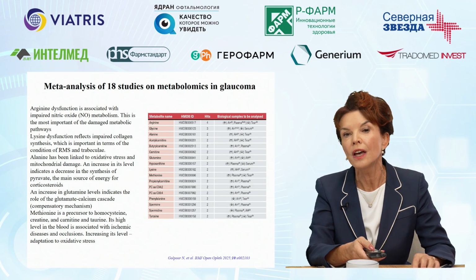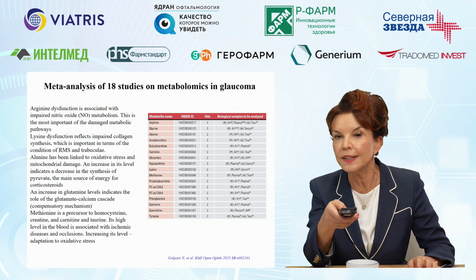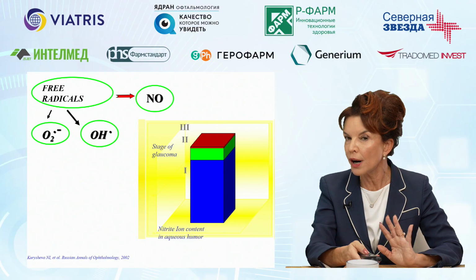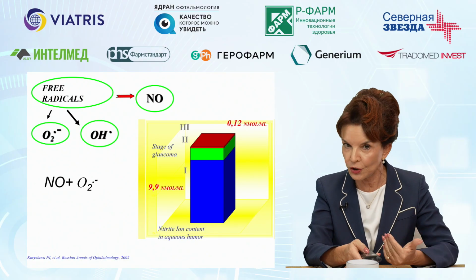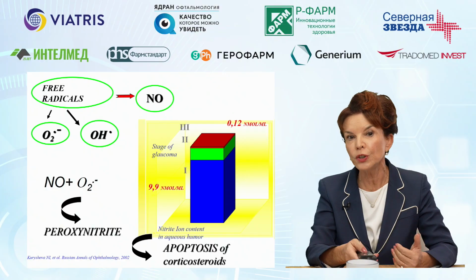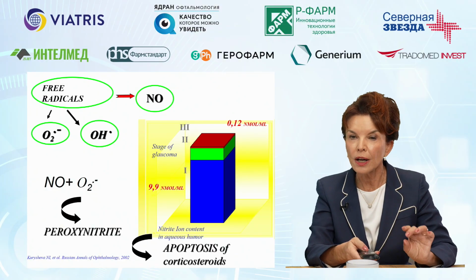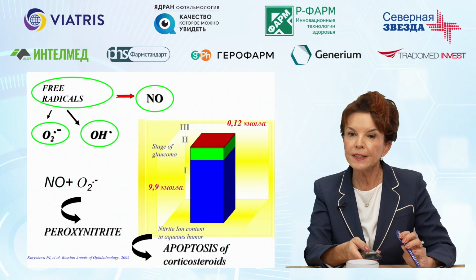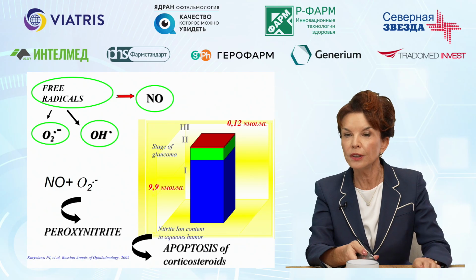And we've been talking a lot about nitric oxide. I think about 20 years ago, we did not pay attention to this particular substance, but now we know that there are eye drops which regulate the metabolism of nitric oxide.